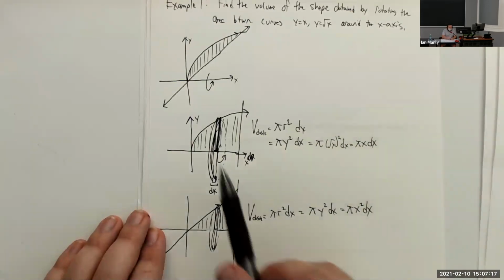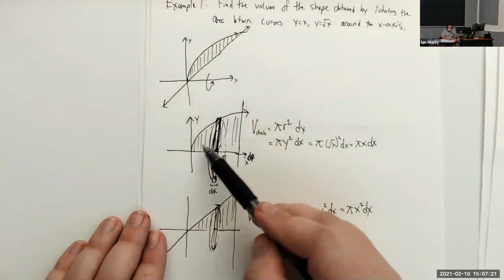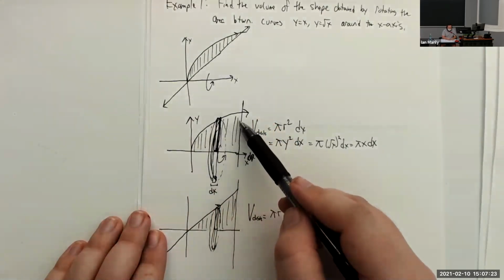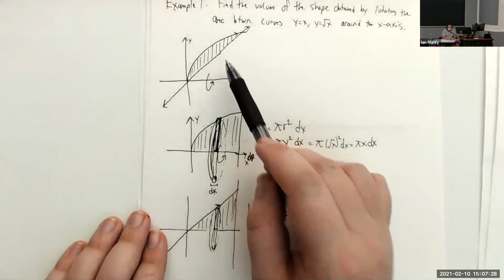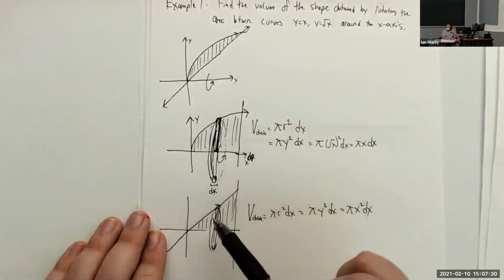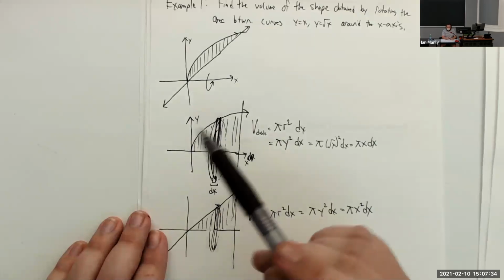Now, if I want to get the volume of this shape here, what I can do is take the volume of this shape and then do what? I want to get this volume, and I know what this one is and this one is. What can I do? We can subtract them. That's right.